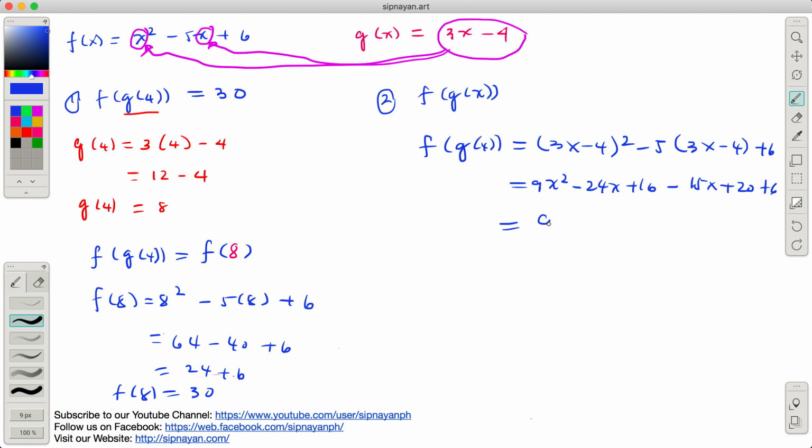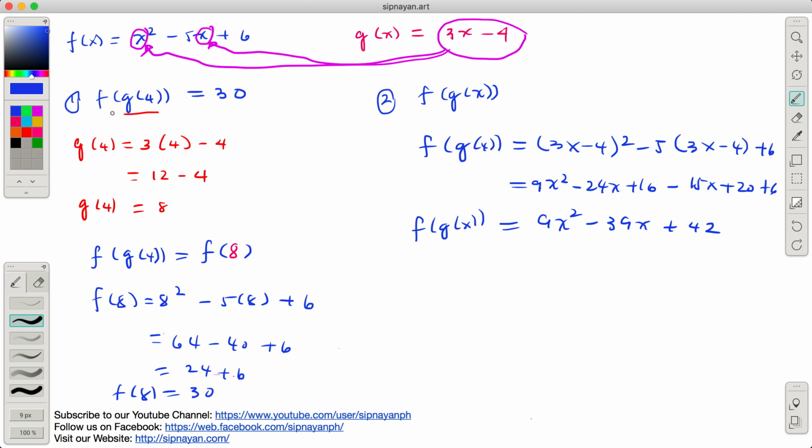So this is equal to 9x squared minus 24 tsaka minus 15, that's minus 39x. Then I have a plus 16 plus 20, that's 36, and then plus 6, plus 42. Okay, sana tama tayo. So this is f of g of x.